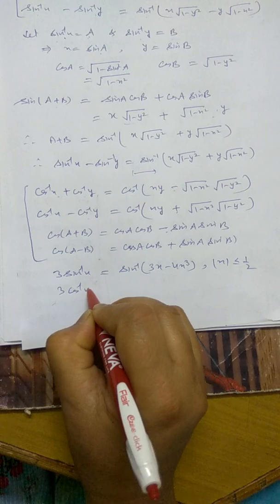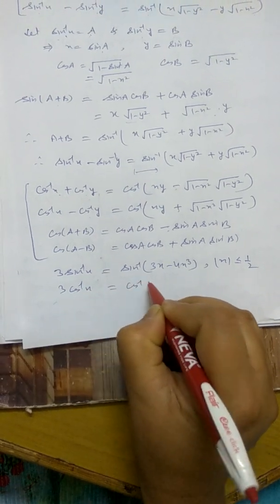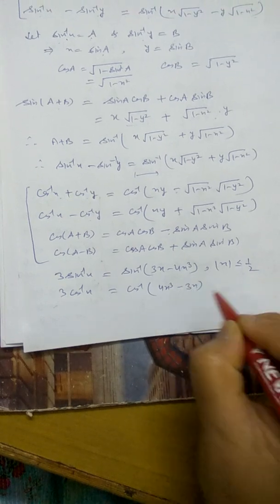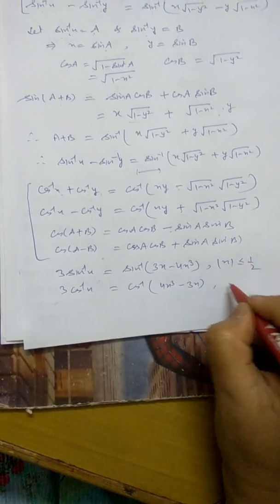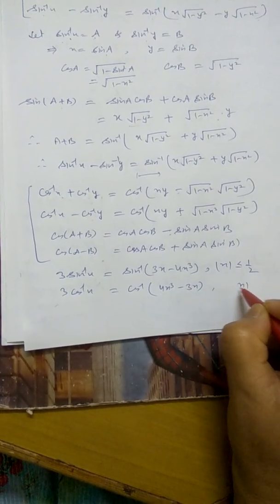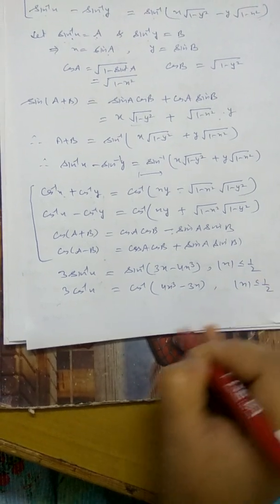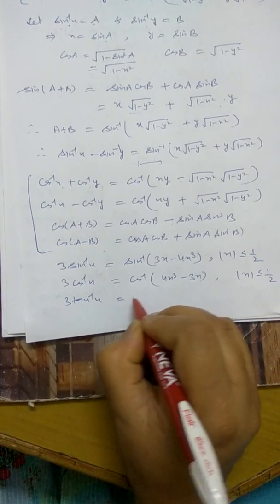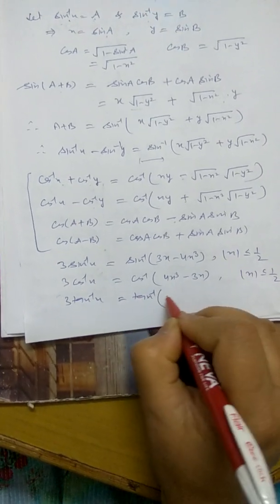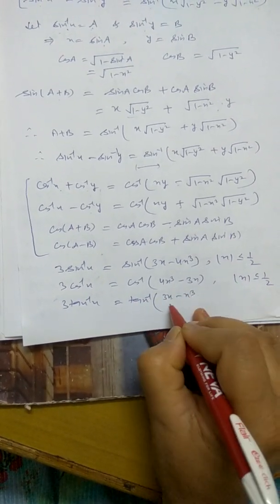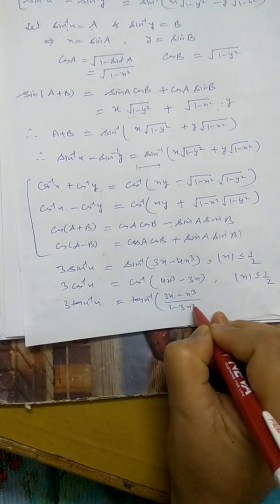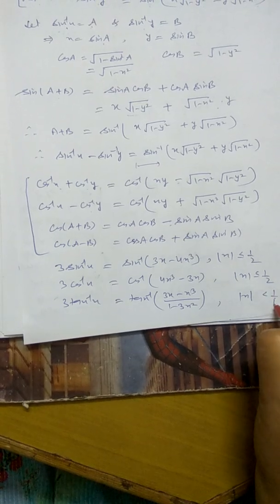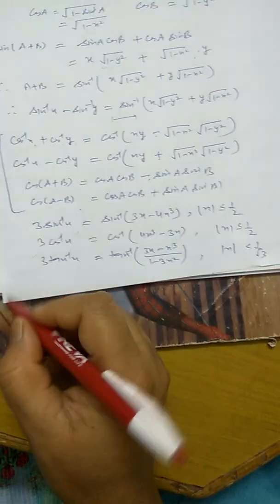And 3 cos inverse x is equal to cos inverse of 4x cube minus 3x, and mod of x is less than or equal to 1 by 2. 3 tangent inverse x is equal to tangent inverse of 3x minus x cube upon 1 minus 3x square, and mod of x is less than 1 by root 3.